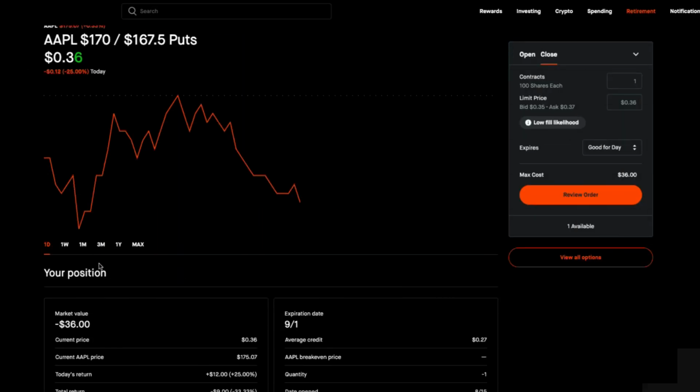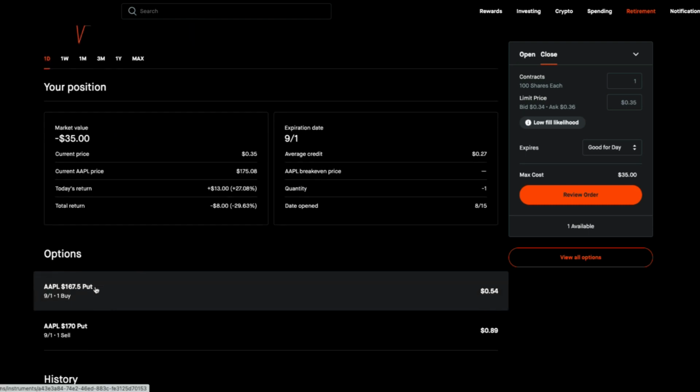So this is an Apple spread that I have opened right now, and you can see this is a $250 spread. Basically I sold a put at 170, and then I bought a put at 167.5, right?